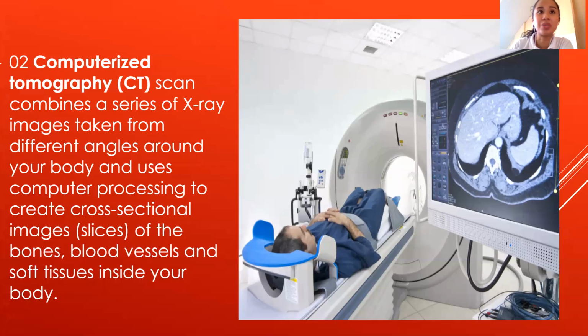Next, we have computerized tomography, or CT scan. What is used here is X-rays. This is a bigger version of your X-ray machine. Images are taken from different angles around your body, and computer processing creates cross-sectional images, slices of the bones, blood vessels, and soft tissue inside your body.